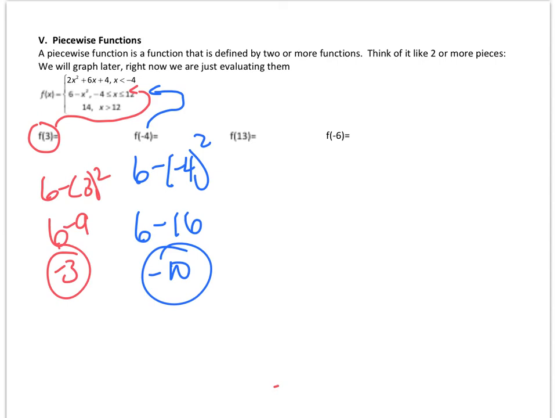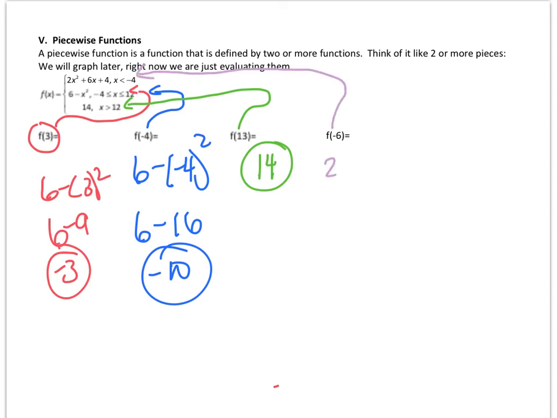The third one, 13, falls into the domain of the third function. And since there's no x value for me to plug anything in on this function, all that means is that my y value is just 14. It's that function. If I look at negative 6, my negative 6 falls within this first function.